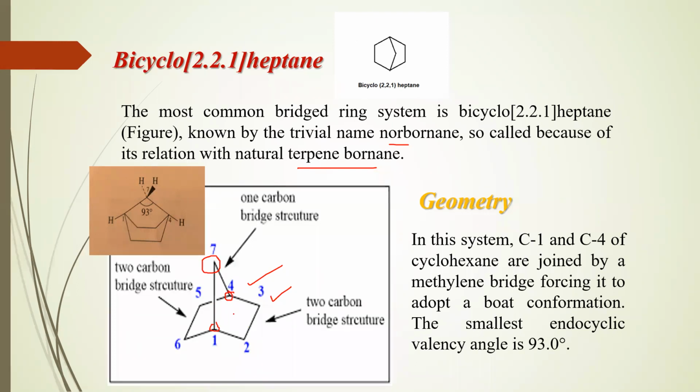It adopts the boat-like conformation, and the smallest endocyclic valency angle is 93 degrees. This angle of this bridged compound is 93 degrees.